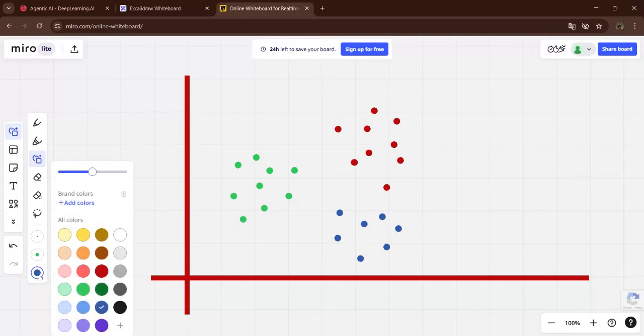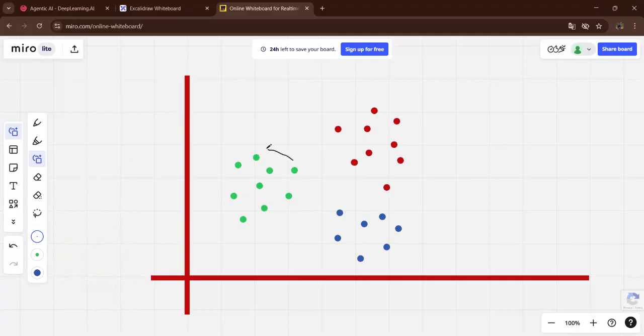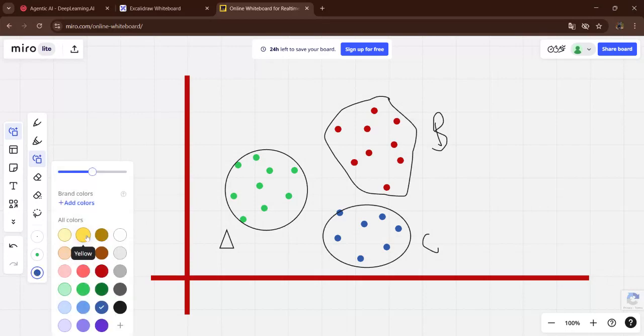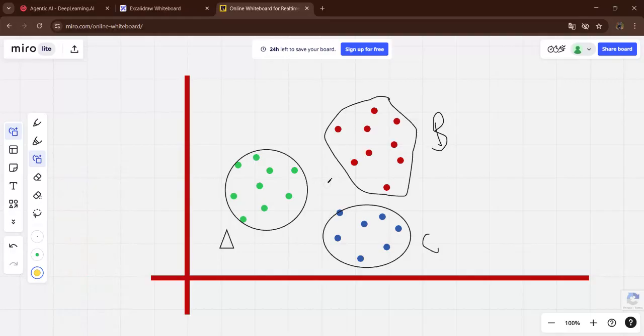This is class A, this one is class B, and this one is class C. And we have a new data point, the yellow one, which comes over here.